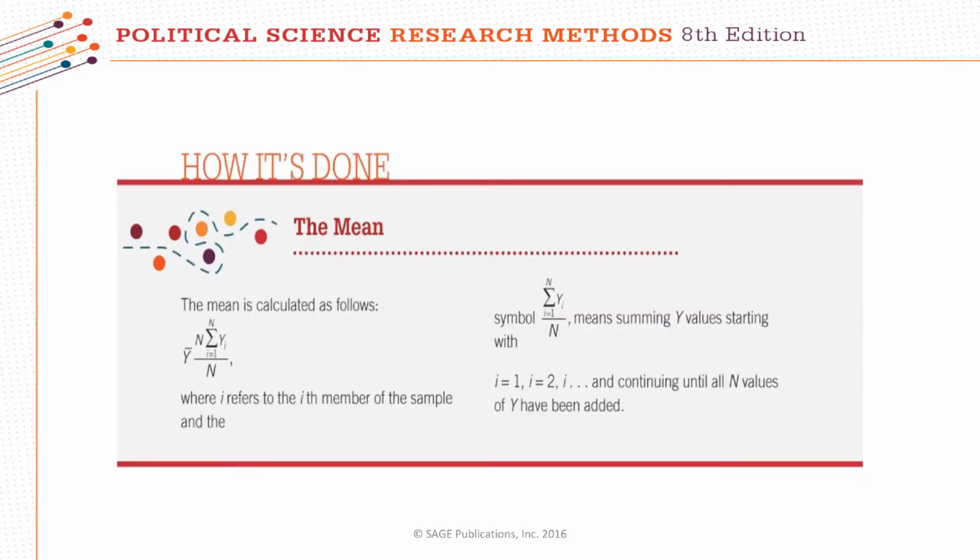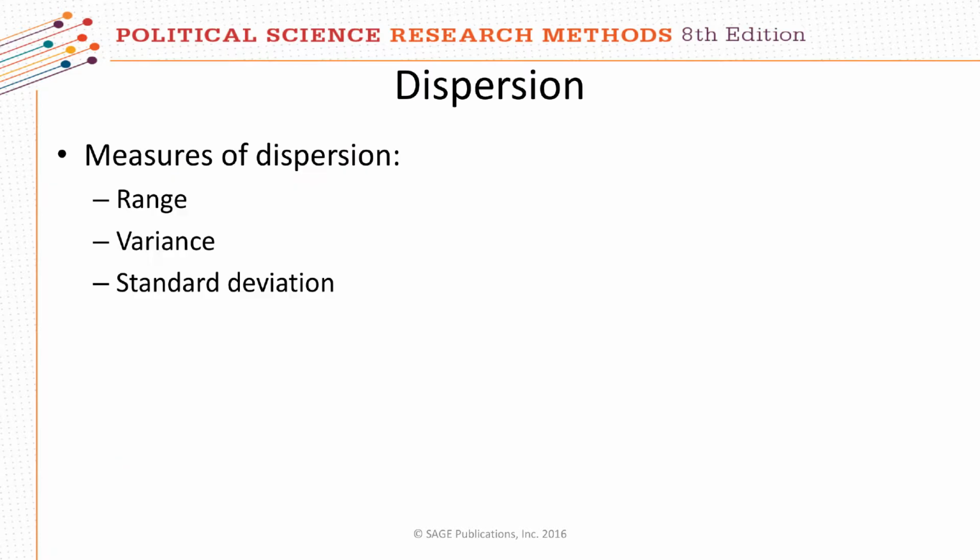So again, this is from the textbook, but it just says the same thing. Basically, the mean is, of course, you sum all observations, divide by the number of observations, and there you go. And so once you have your mean, you can begin to think about measures of dispersion, because our measures of dispersion are measures of dispersion around the mean, and that's important to realize.